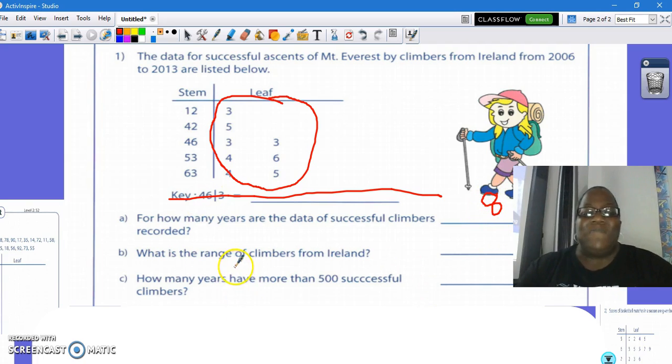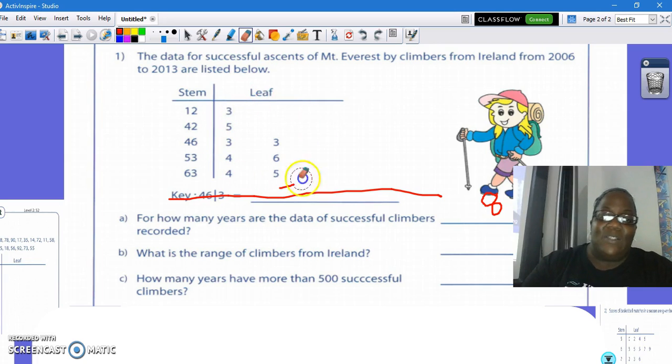So now, B. What is the range of climbers from Ireland? Anybody remember what the range was, 7th graders? The highest and the lowest. That's right. We're going to subtract the highest and the lowest.